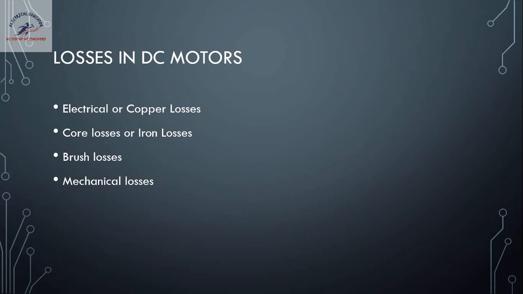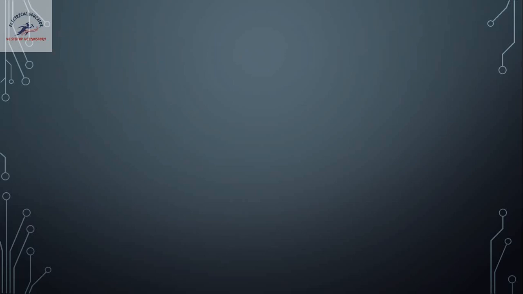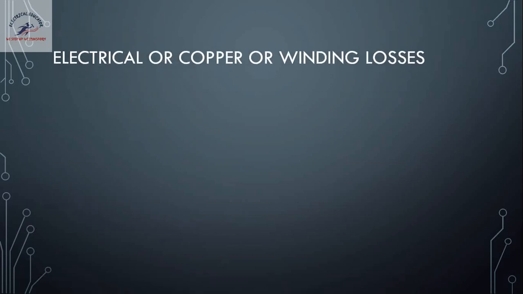And we have mechanical losses that occur in DC motors on the output side because of friction and windage and many other factors. Then we also have stray load losses. These are miscellaneous losses which are not covered above. We shall have an in-depth look into each one of these losses.